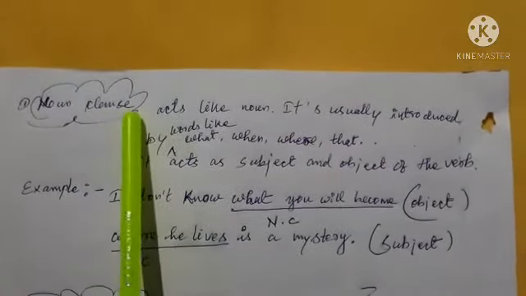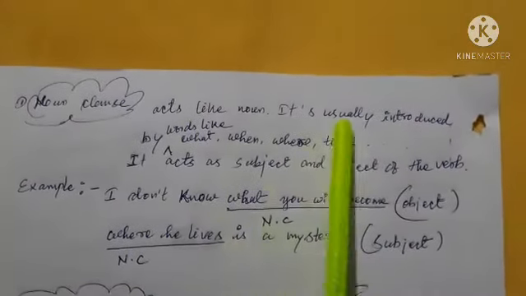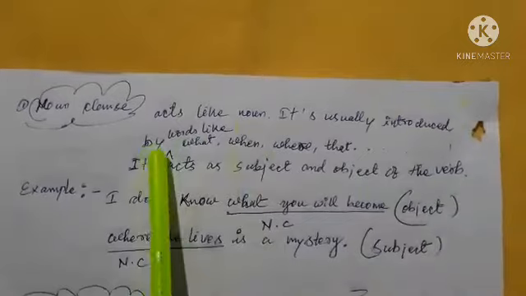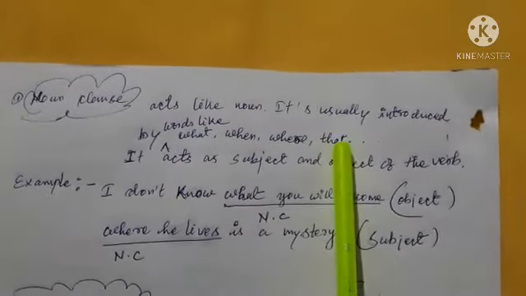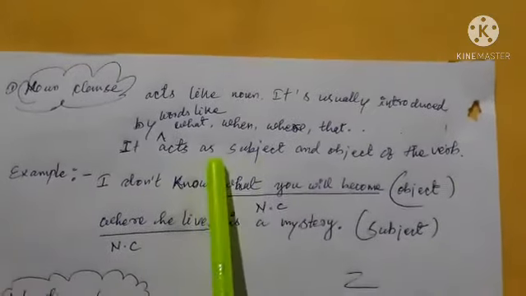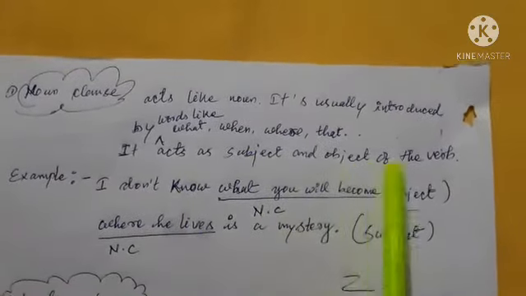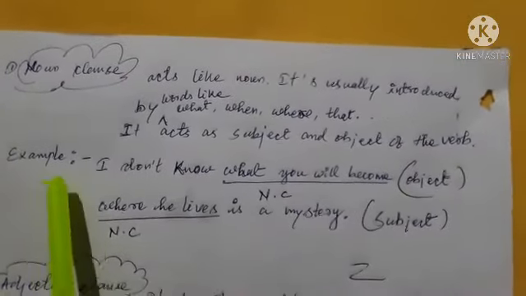So what is a noun clause? A noun clause acts like a noun. It is usually introduced by words like what, when, where, that, whether. It acts as subject and object of the verb. Let us take an example and understand.